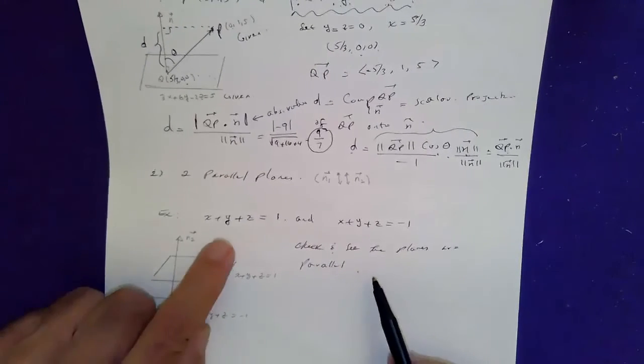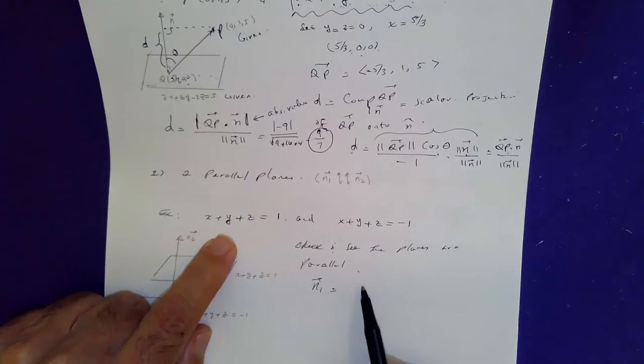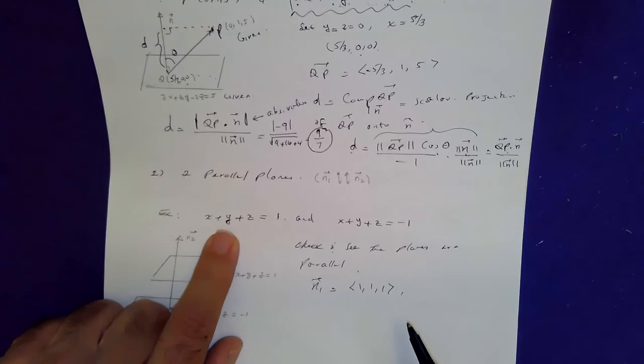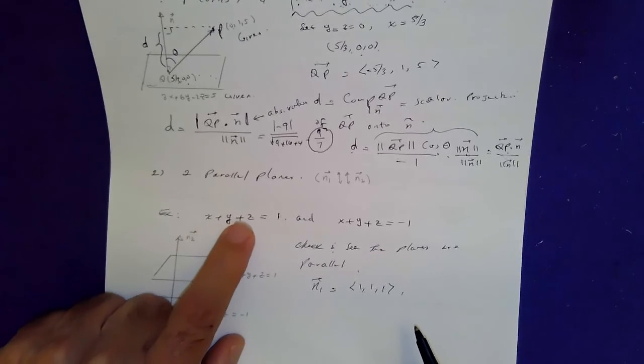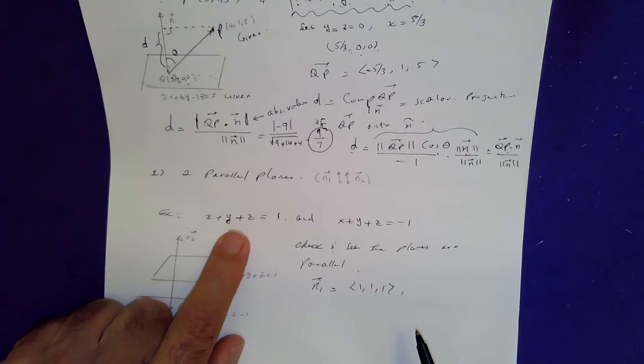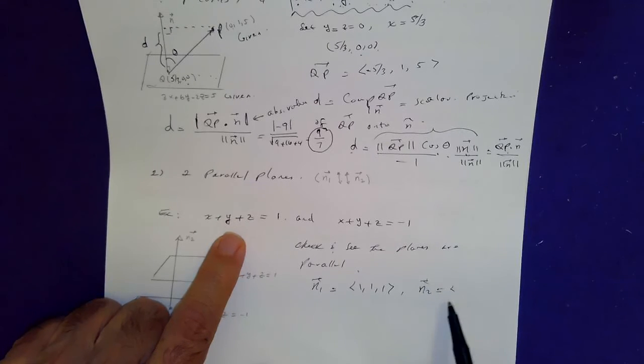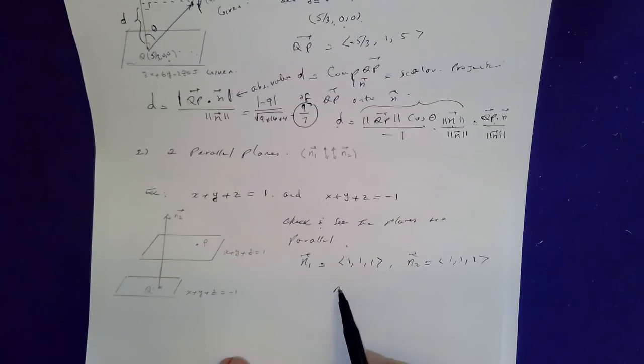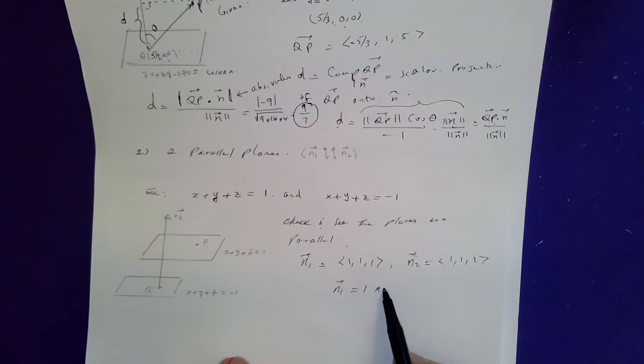Well, the normal vector for the first plane is (1, 1, 1), because those are the coefficients of x, y, and z in the standard form of the equation of a plane. And the components of the normal vector to plane number 2 are also (1, 1, 1). So N1 is 1 times N2.